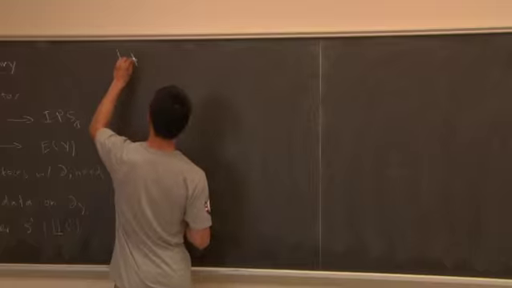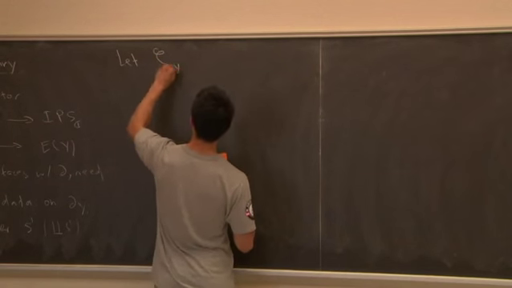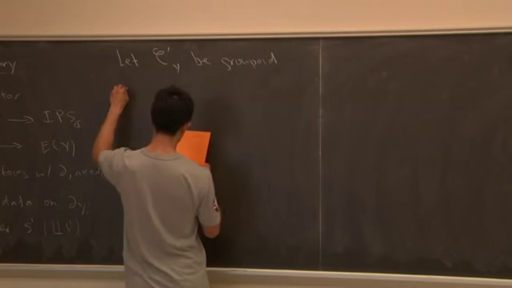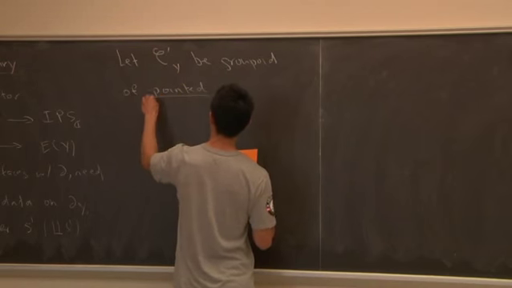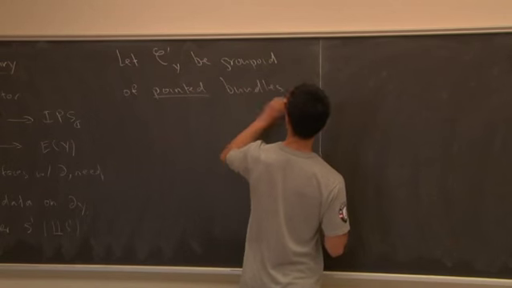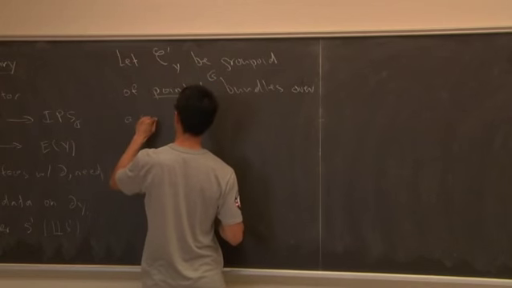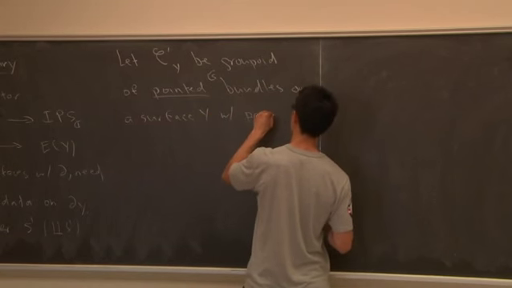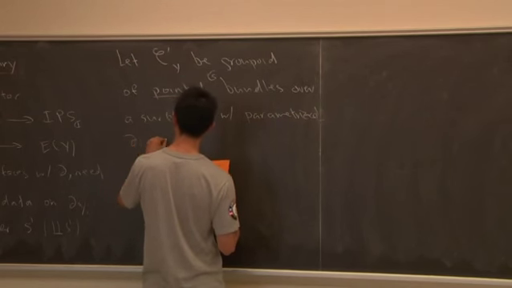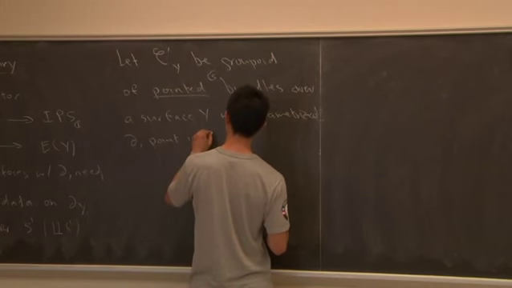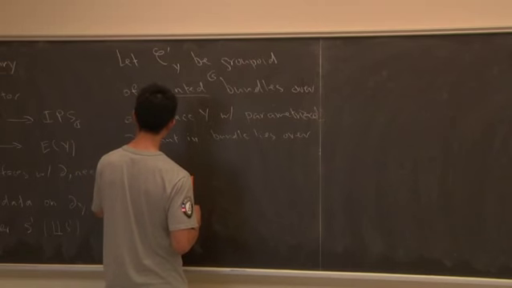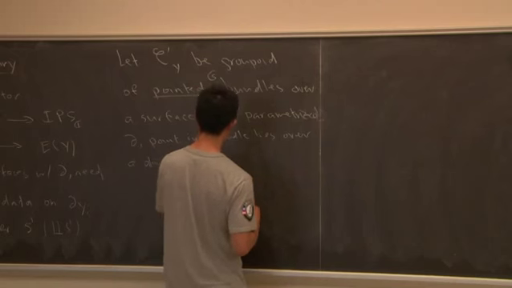So let C prime Y be the groupoid of pointed bundles, so G bundles over a surface Y with parametrized boundary, where the point in your bundle lies over a distinguished boundary point.